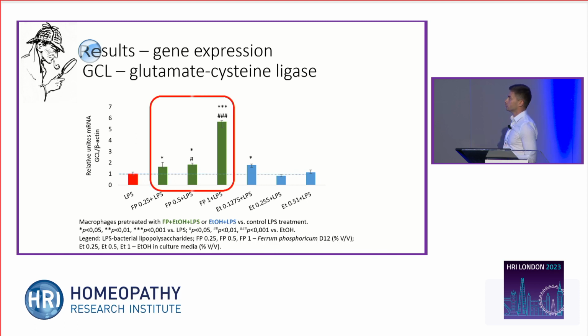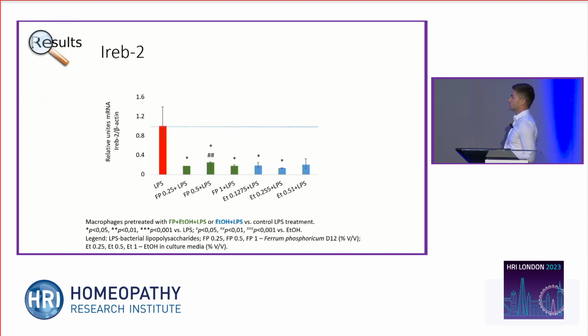But when we talk about glutamate cysteine ligase, an enzyme which is the main one responsible for the synthesis of glutathione, which is the intracellular antioxidant of the body, and also is a cofactor used by glutathione peroxidase to fight free radicals, especially hydrogen peroxide and lipid peroxide, you see clearly that you have induction of this enzyme by Ferrum phosphoricum, even higher than lipopolysaccharides again. And one more fact, this effect of Ferrum phosphoricum is different than the control ethanol treatments, which is quite nice.